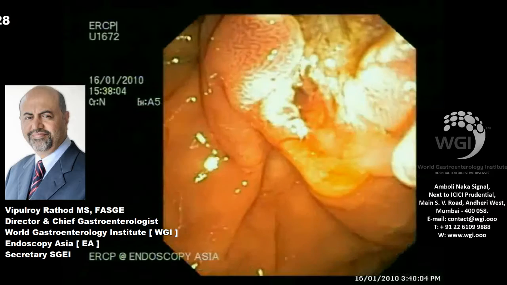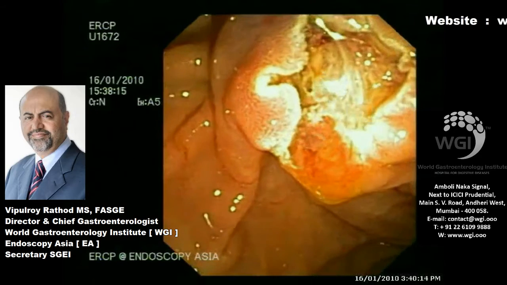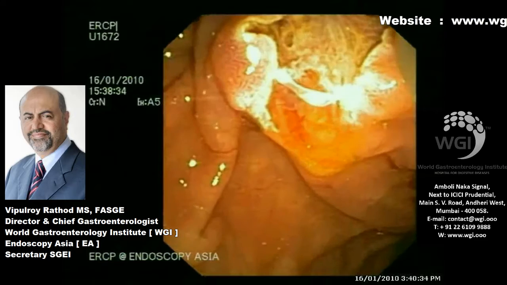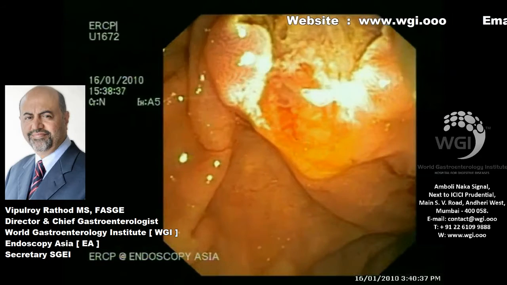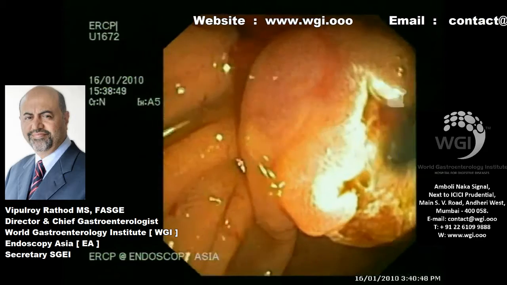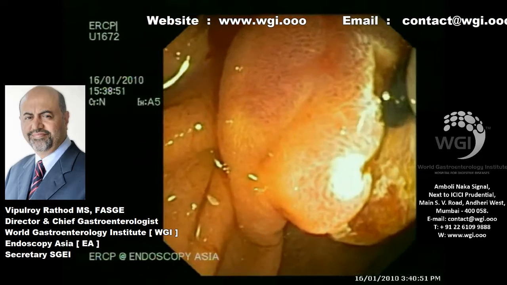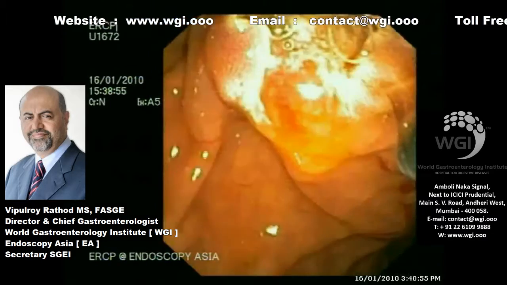We know that the opening is somewhere there, and we have de-roofed the topmost layer. Now, once we have done this with a conventional sphincterotome, I can see some opening there, some bulges. So very gently we will take a needle knife sphincterotome and then peel the onion of the ampulla.